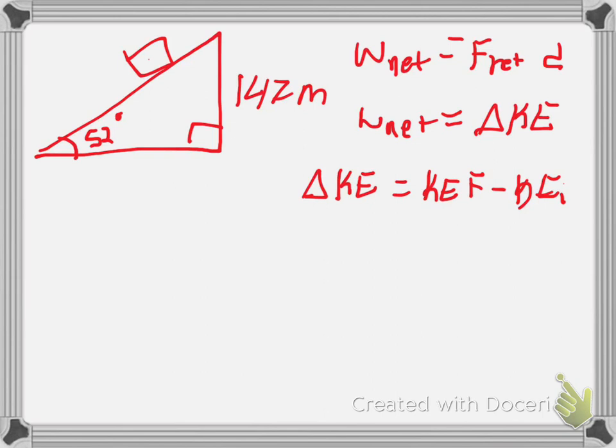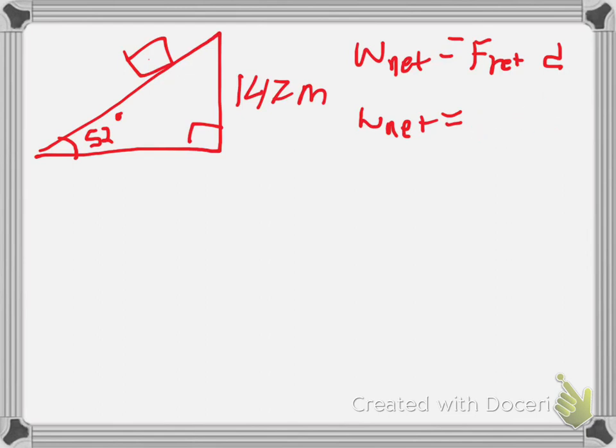So it's basically just kinetic energy final. That means work net is not just equal to change in kinetic energy, but in this case also equal to kinetic energy final, which is what they want us to solve for.